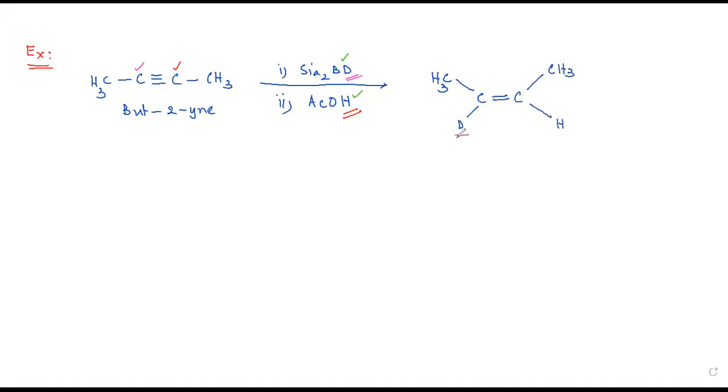Okay, so that's it. So the deuterium is from the disiamylborane and hydrogen is from acetic acid. So these are all syn additions.